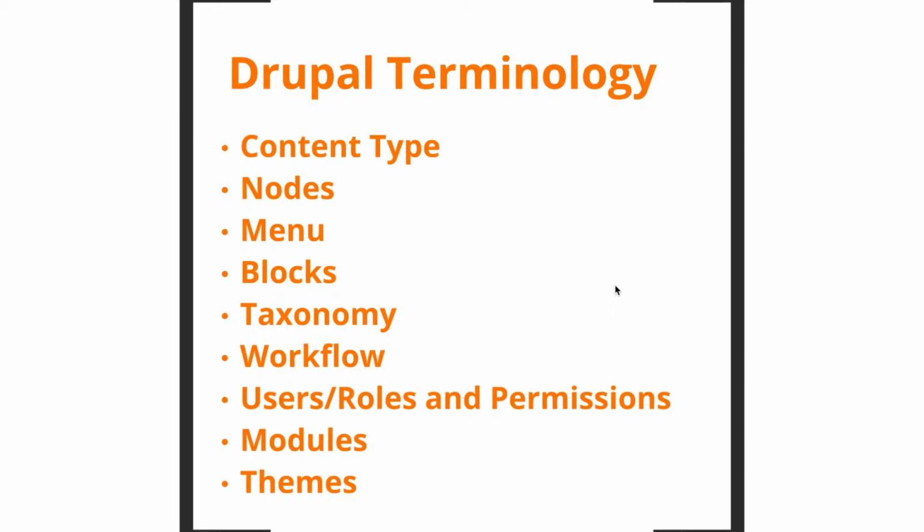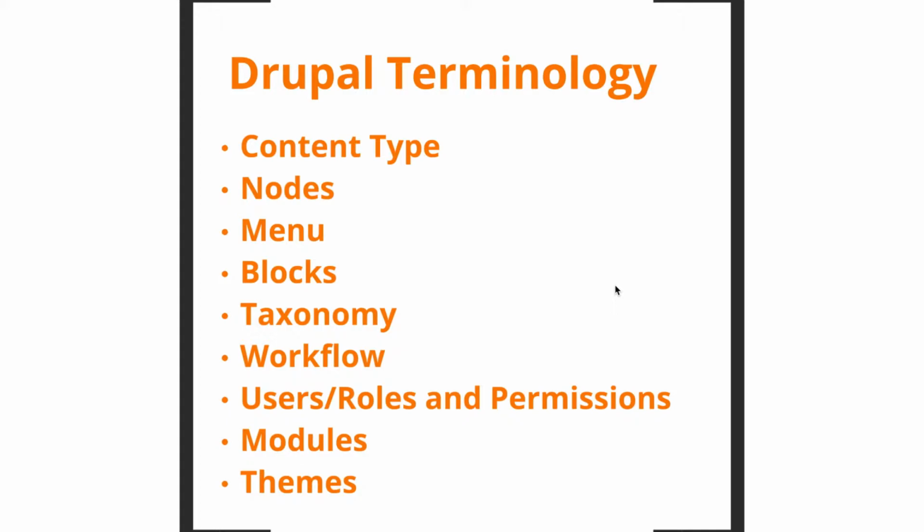And workflow is also something very important, because usually in Drupal, when you create a new page or a blog, you have the option to directly publish it, or you can leave it as unpublished, something like a draft. But you can also create your own workflow where you can send this particular page or blog for approval.